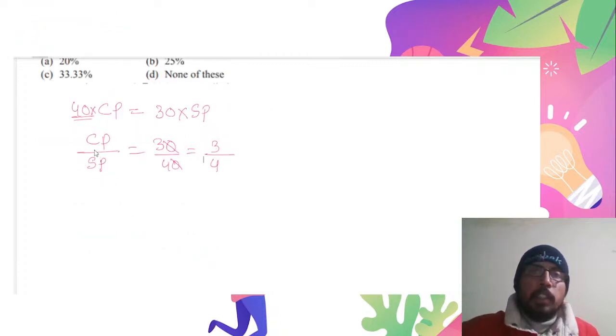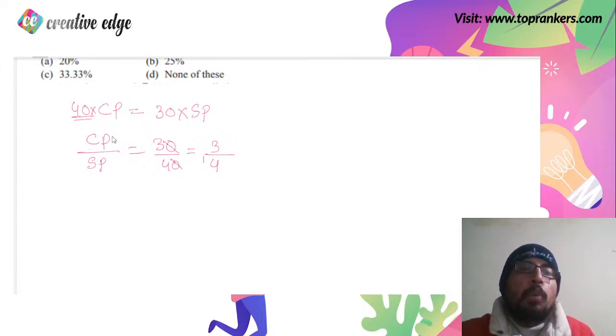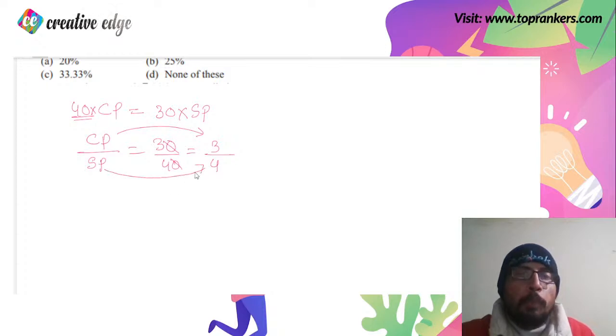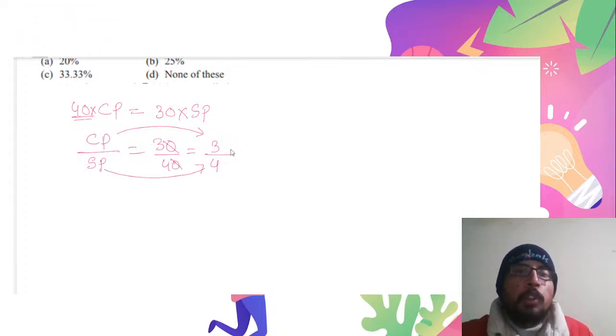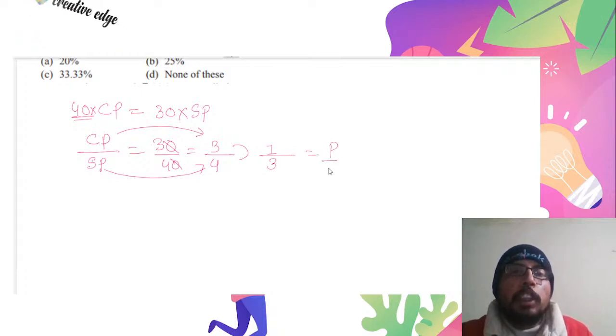You can read this as that you bought a commodity at rupees 3 and you sold it at rupees 4. So obviously you are gaining 1 rupee over cost price of 3 rupees. So this 1 upon 3 is basically your ratio of profit upon CP.